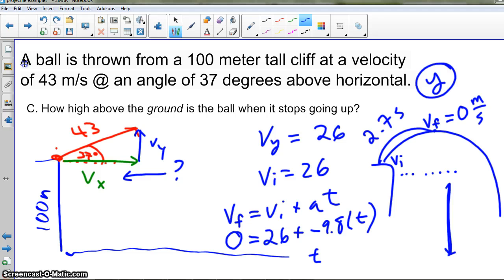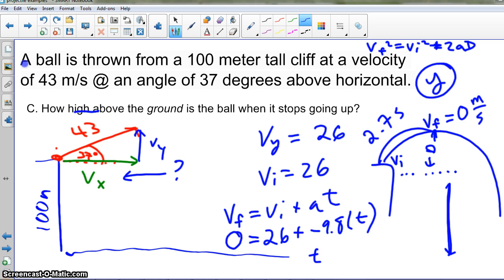So what we need to do, if we want to know how high it is, is figure out this distance. And I believe we have enough information to do that as well. Vf squared equals Vi squared plus 2AD.